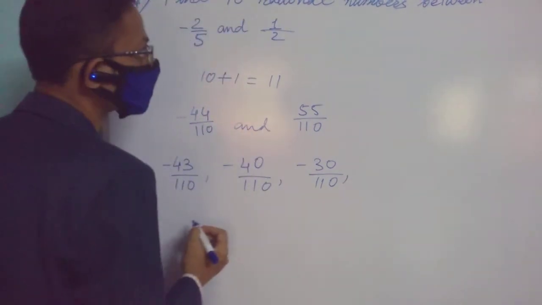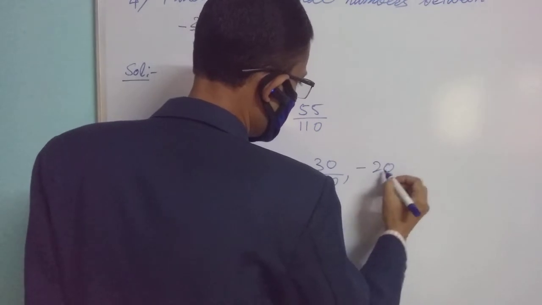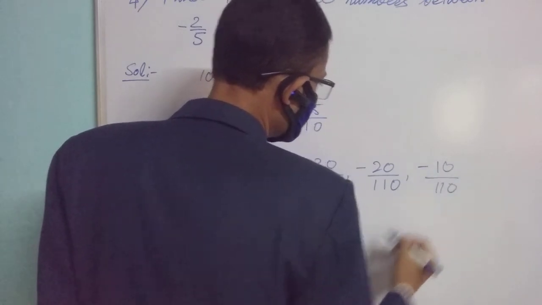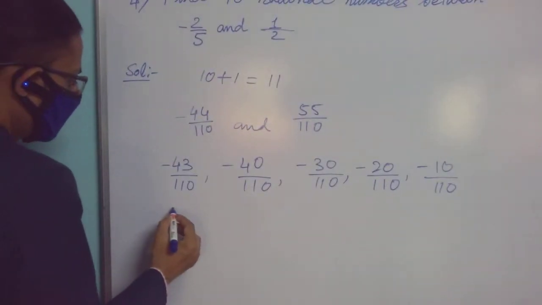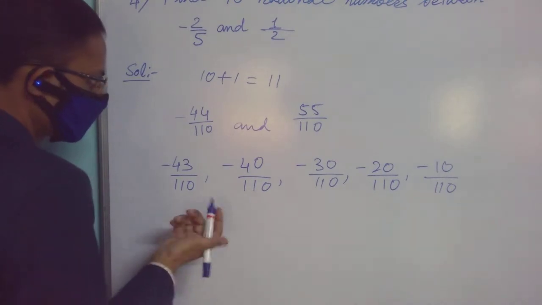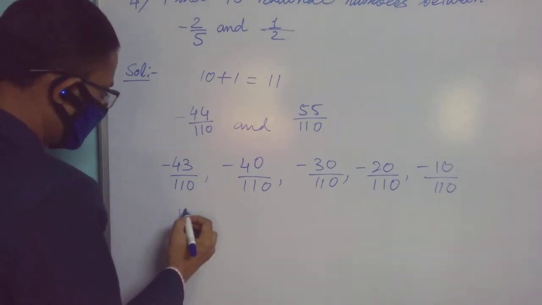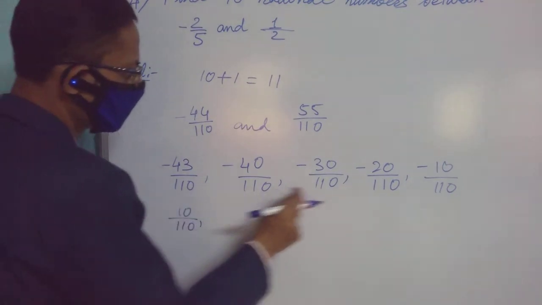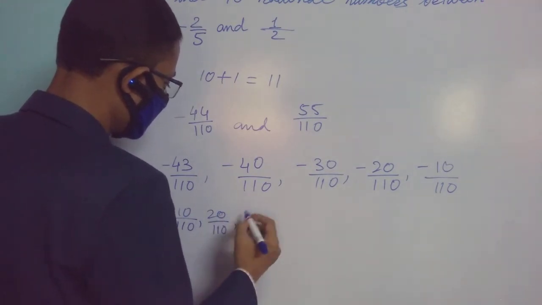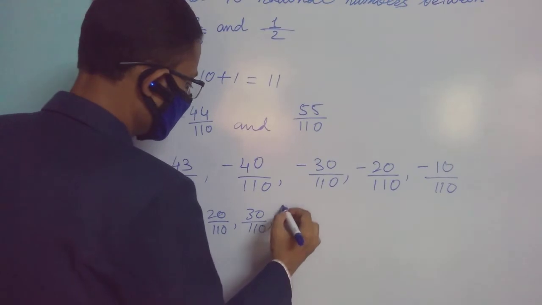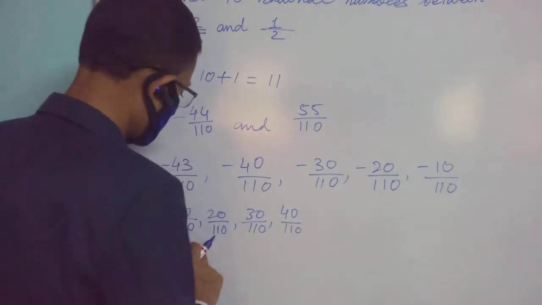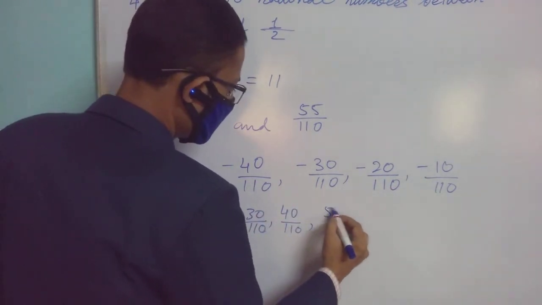minus 20 by 110, minus 10 by 110, or let us write 10 by 110, then write 20 by 110, then write 30 by 110, 40 by 110, 50 by 110.